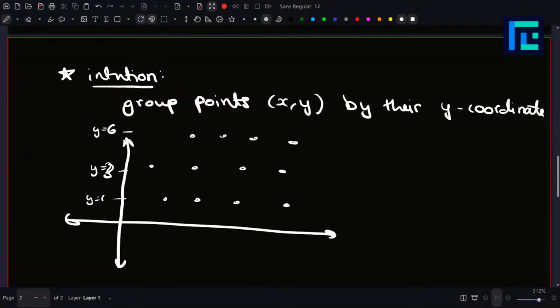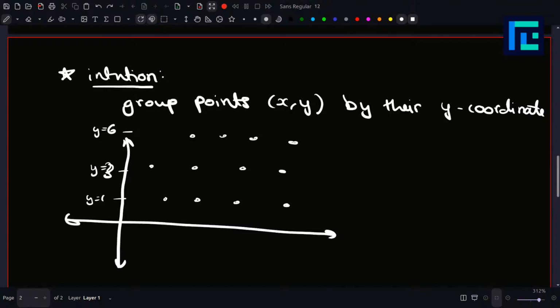Obviously there'll be at most some number of y coordinates, right? So all the points will fall on one of these y lines, you could say. So these are all lines parallel to the x-axis, right? If the y coordinate is fixed, these lines will be parallel to the x-axis.